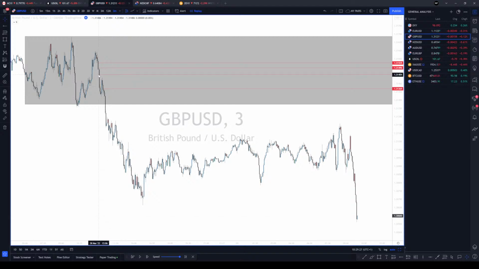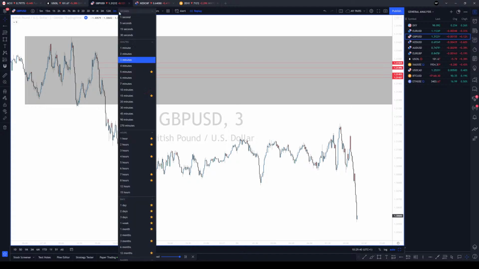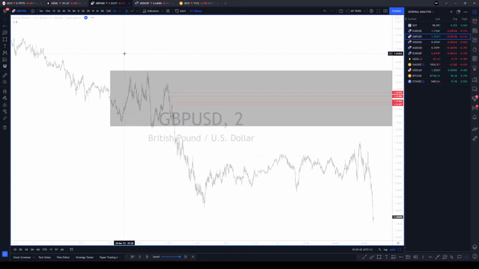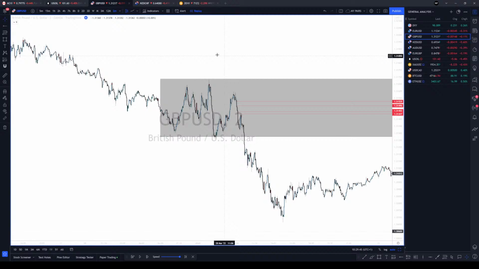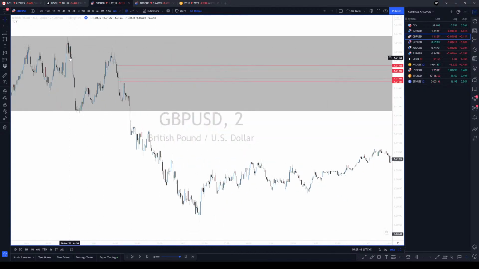Like this one. If it stays there, I'll enter on that one because of that short-term high. Let's go to the 2. It's a small, okay, they trade back into it.